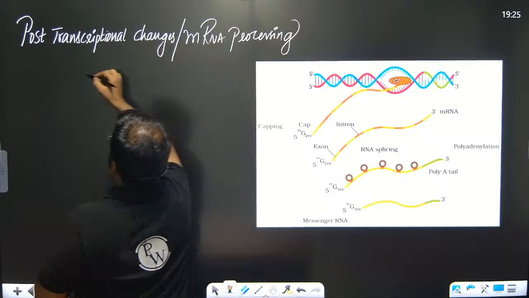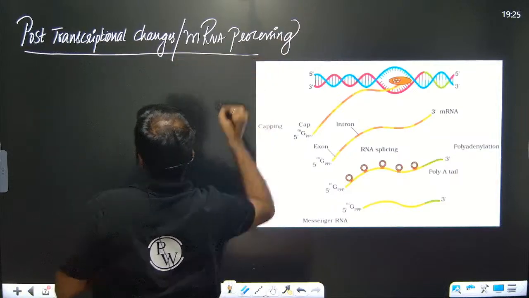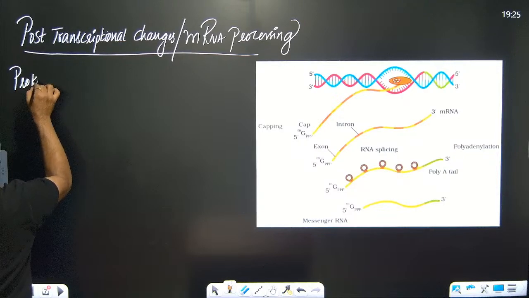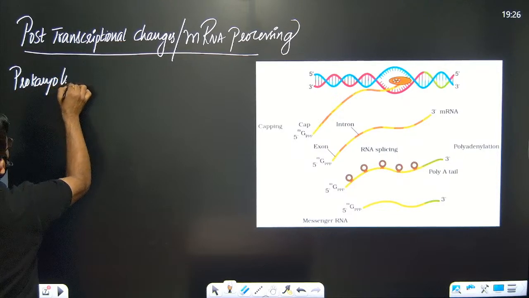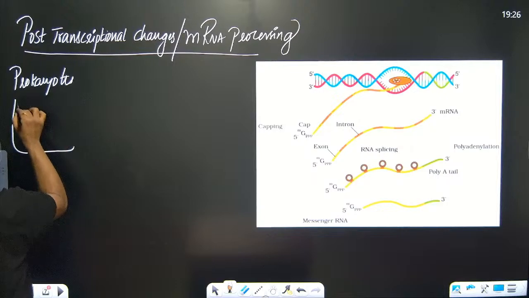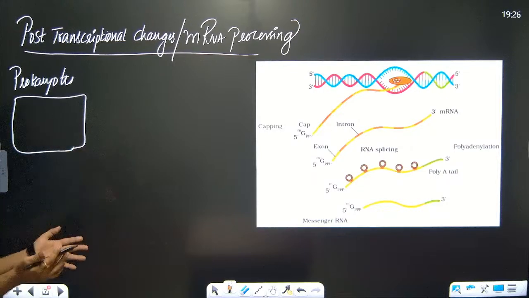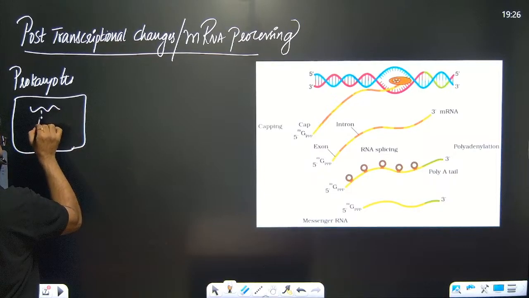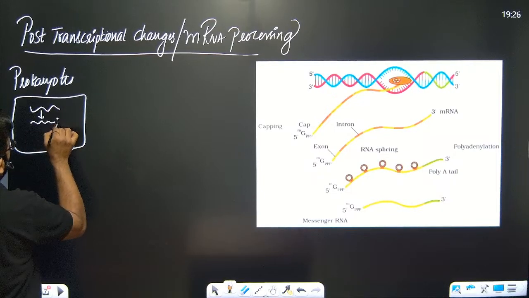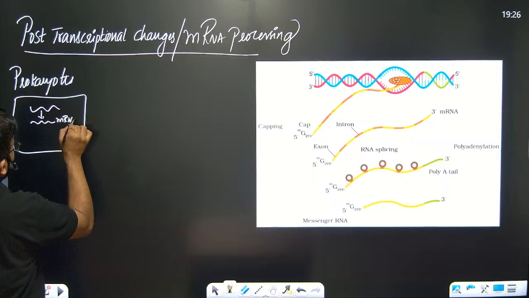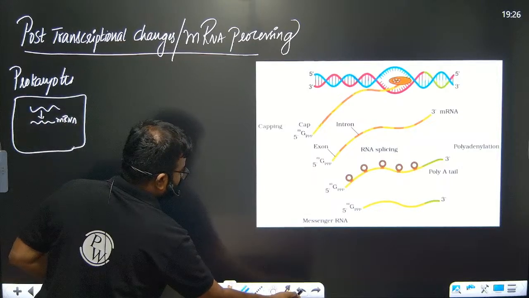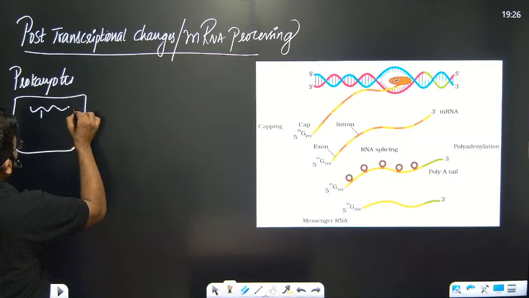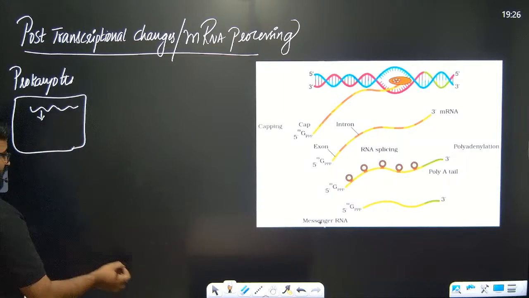Why is this required? In case of prokaryotes, imagine this is a cell. There is no nucleus. So if this is the DNA, and this is your mRNA, and this is your entire length of DNA that is being transcribed.